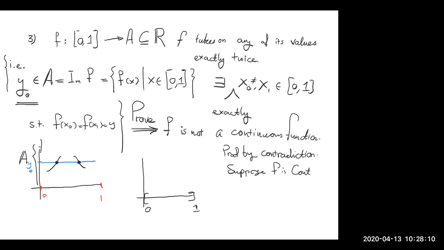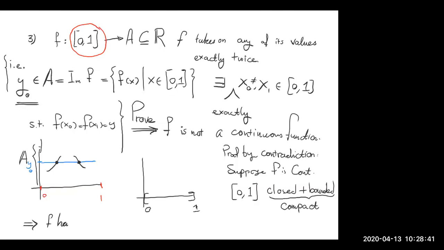The interval from 0 to 1 is closed and bounded. I already told you the subsets of R which are closed and bounded, we usually call them compact. Any continuous function whose domain is compact, like the interval from 0 to 1, takes its maximum and minimum. So f has max and min.